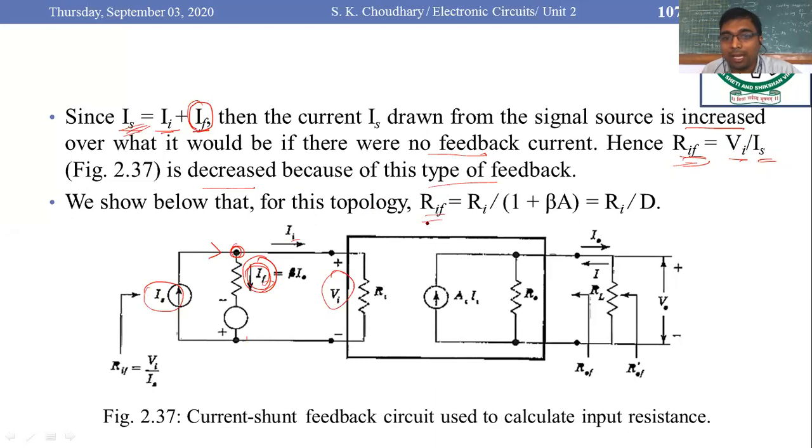So now the value of RIF is Ri upon (1 plus beta A), or Ri upon D. In this way, when you apply negative feedback in series with the input signal, your input resistance increases. When you apply the feedback signal in shunt with the input signal, it decreases the input resistance. Okay.